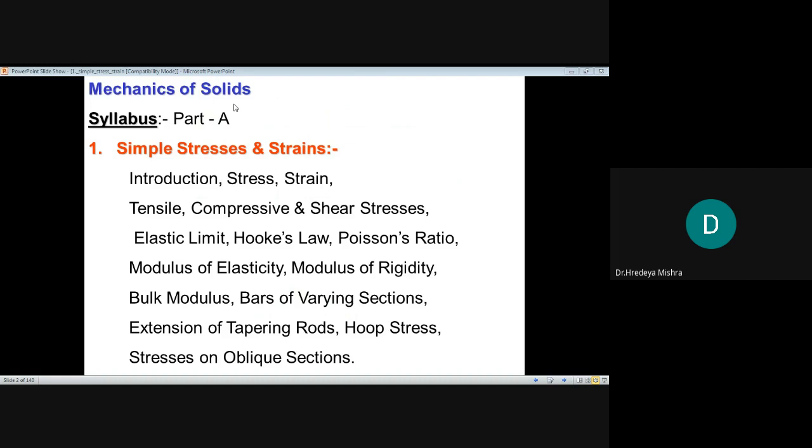Okay, so hoop stresses are generally present in a circular component or circular shaft. Okay, stress on the oblique section.